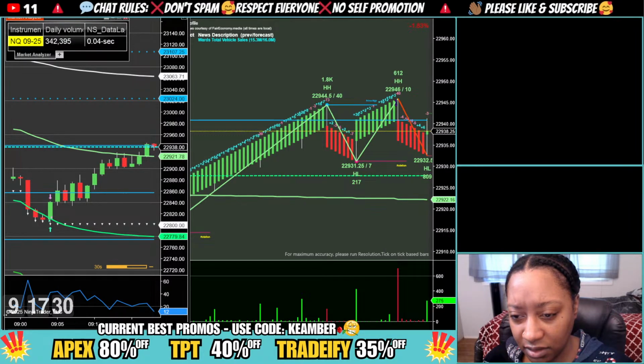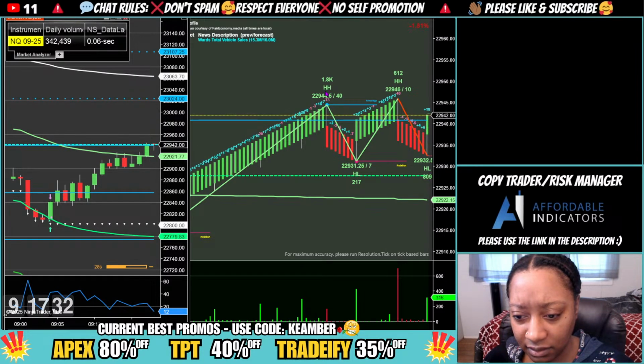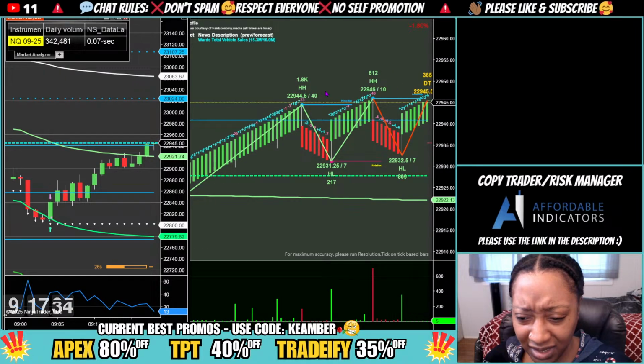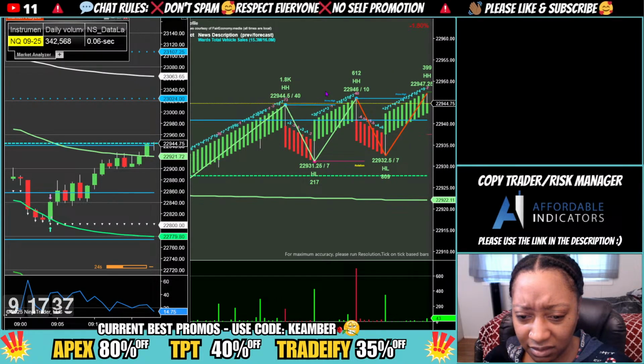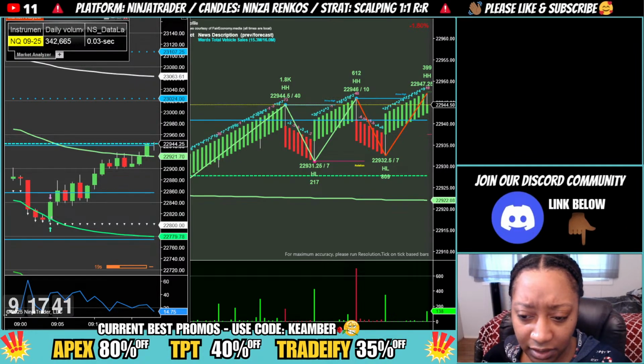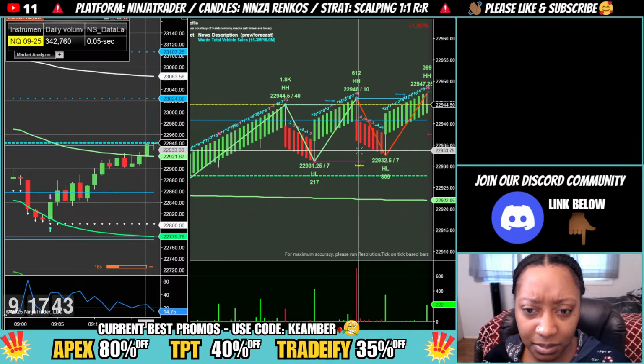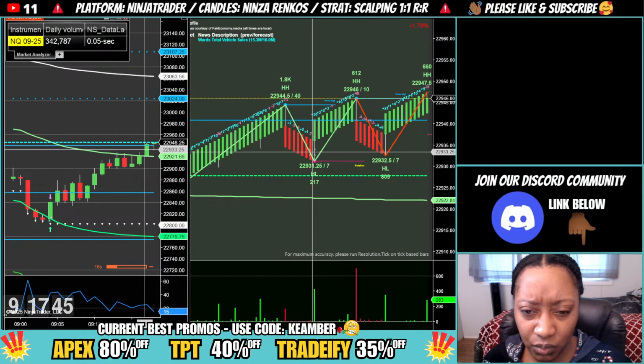Limit entry, 25 ticks. What? Why would it be that? I don't know. I'll fix that later. Yeah, that's supposed to cancel it. I don't know why it's on 25 ticks.